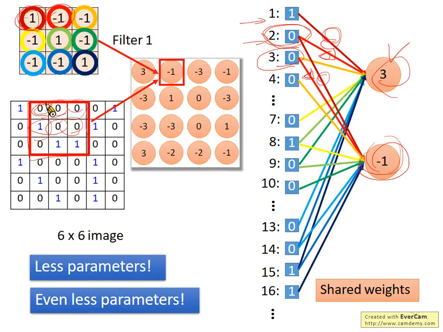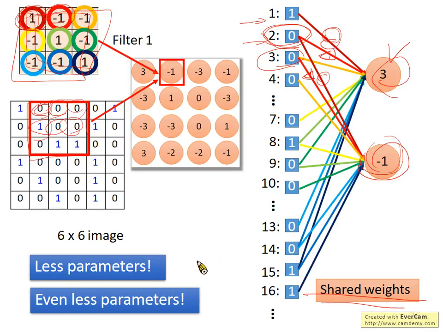So although we do many convolution processes, the parameters used for such convolution are all these 9 parameters. So we share weights across the convolution process over the whole image.